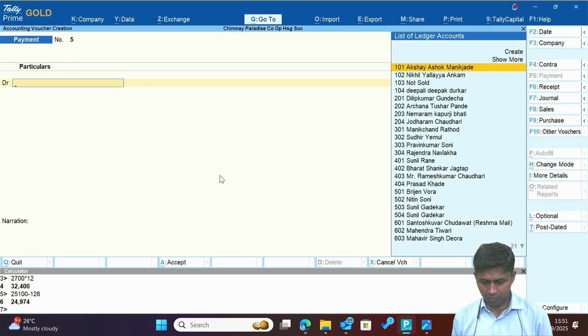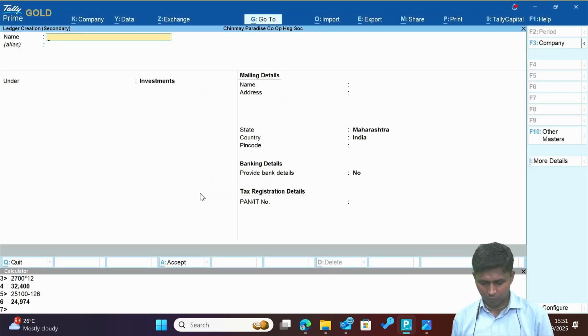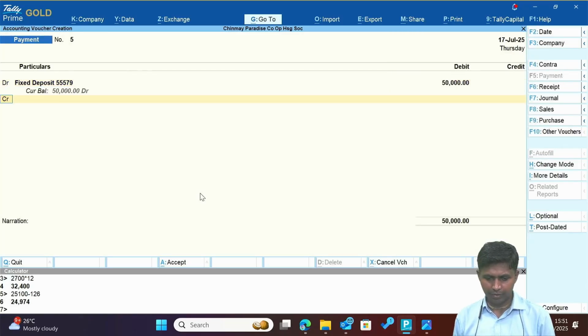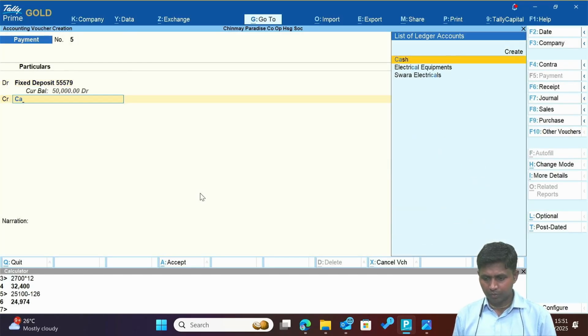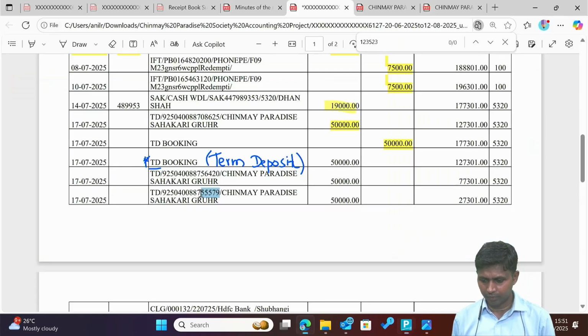Then one more, fixed deposit under investment, 50,000, Axis Bank, enter, accept it.